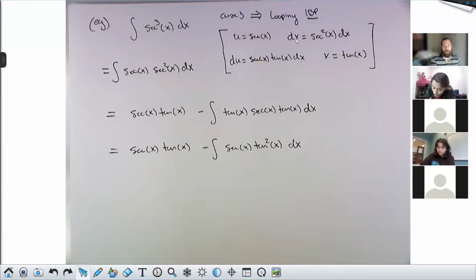Remember, I promised only one run of integration by parts here. These looping integrals are easier than the damped harmonic oscillator. They only require one IBP. The thing that replaces your second IBP to make the integral loop is a trig identity.